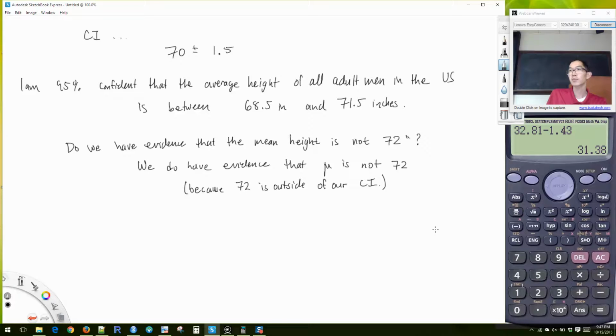Is that okay? All right, and on the other hand, somebody could ask, do we have evidence that it's not 71 inches? And what is our answer here?